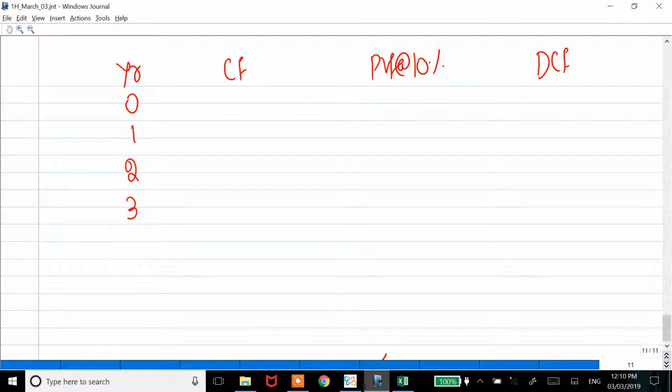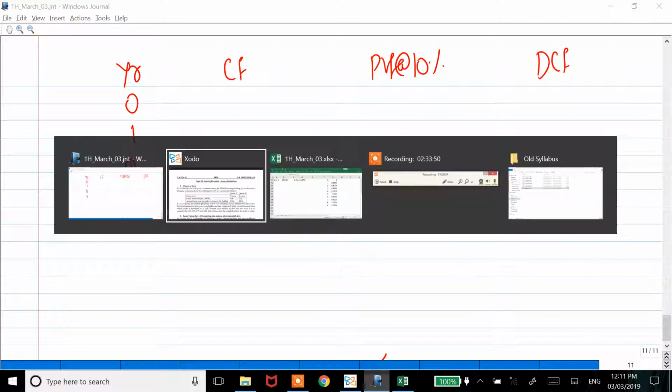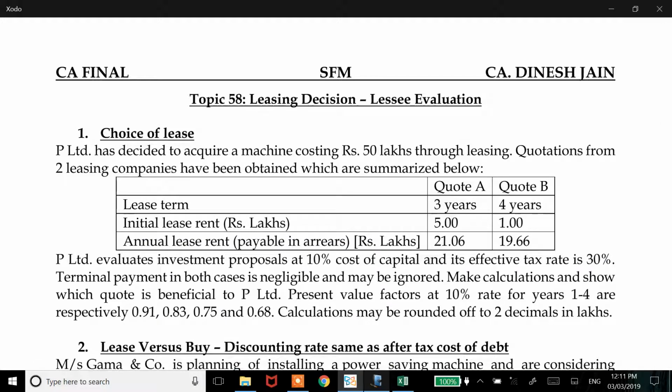If you tell this correctly, you have understood. Year 0 what number, year 1 what number? I don't want the final number. How are you going to calculate? You tell me that. Year 0, 5 lakhs.